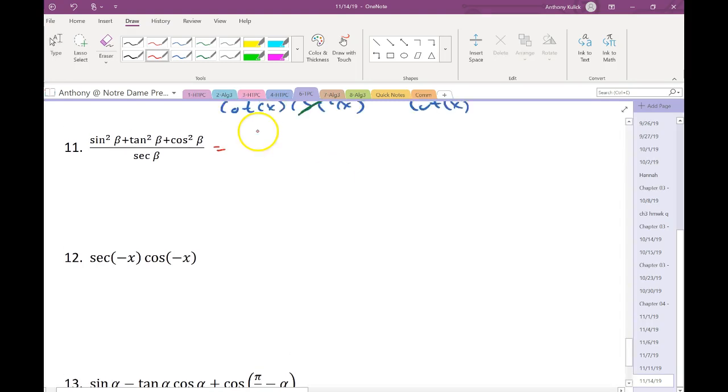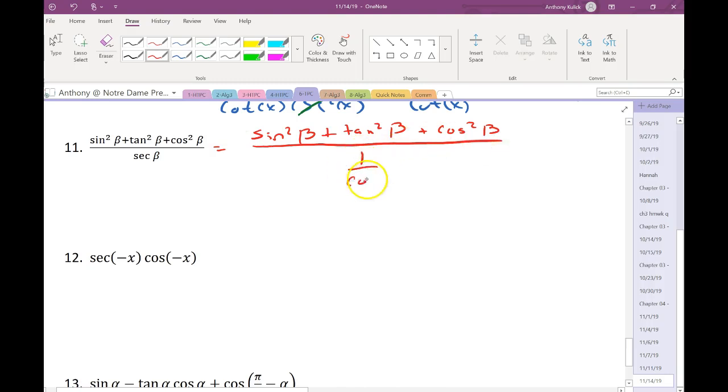So you can say using R2, we would say this, then, I guess, right? If you use R2, we're going to replace secant with 1 over cosine.